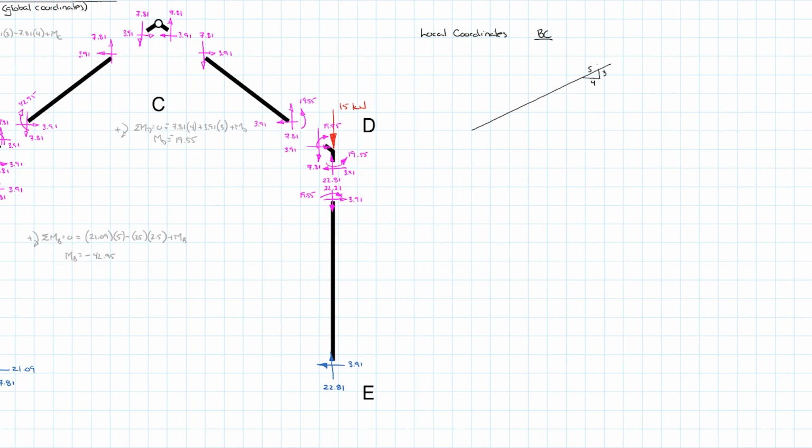So what I need to do is work from my end at B, and I'm going to draw in my forces. The first one I'm going to draw in is my 7.81 vertical force, which we know is coming down.